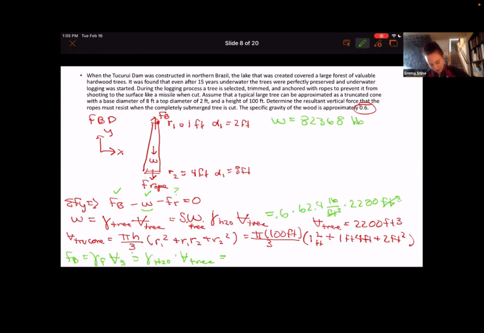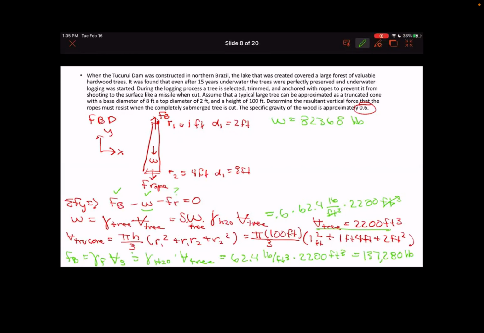So this is 62.4 pounds per foot cubed times the volume we found earlier, in feet cubed. We're going to do that really fast. Hopefully I'm not missing something. That looks good, so we have 137,280 pounds, so about 137,000 pounds.